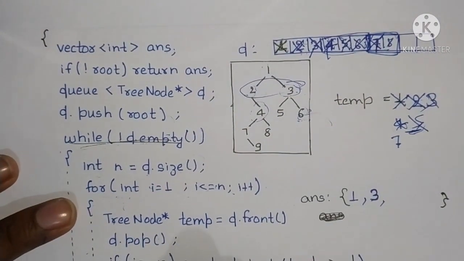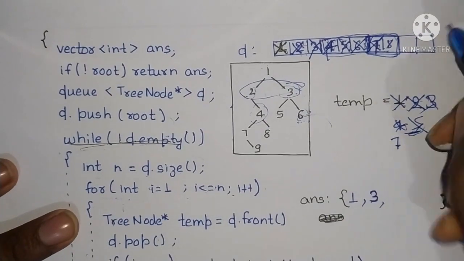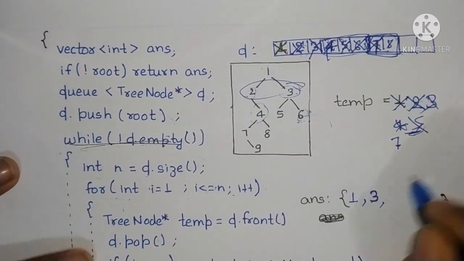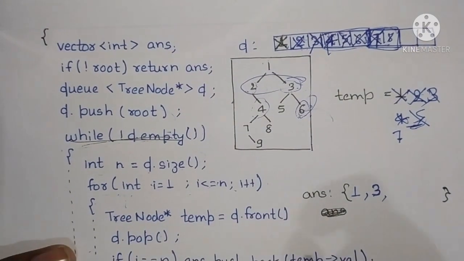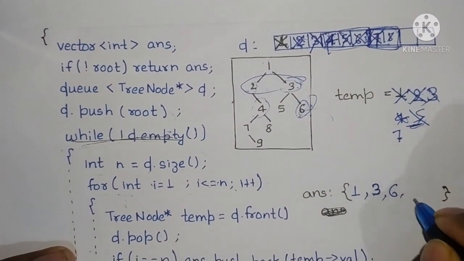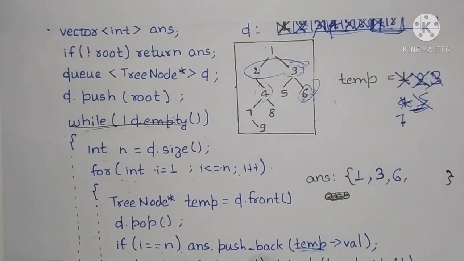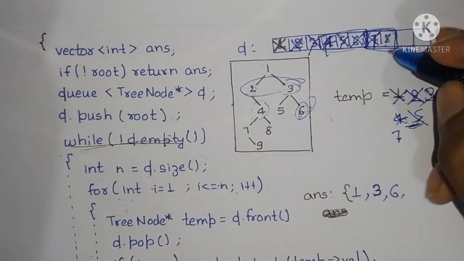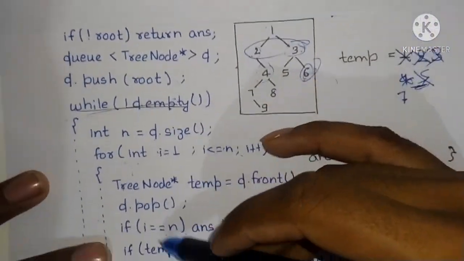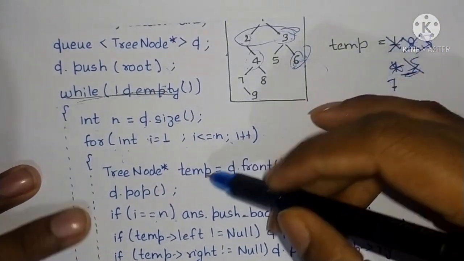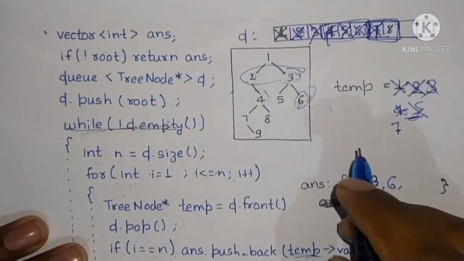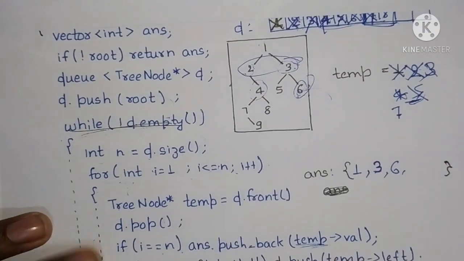But since I is not equal to n, and sorry, here in the last iteration of the while loop, 6 was pushed into the answer. Since I is not equal to n for the 7, we will push the child of 7.